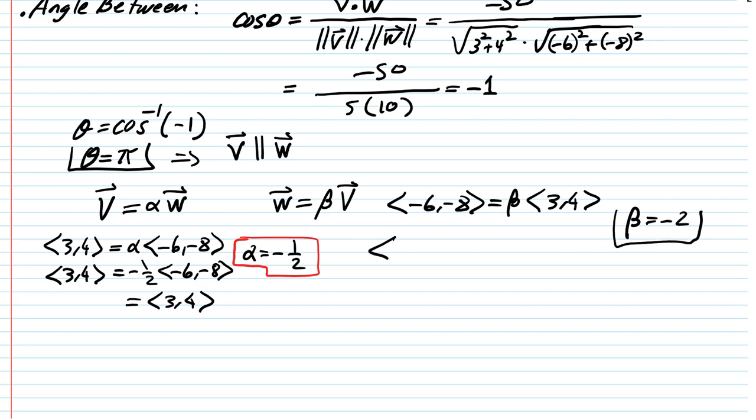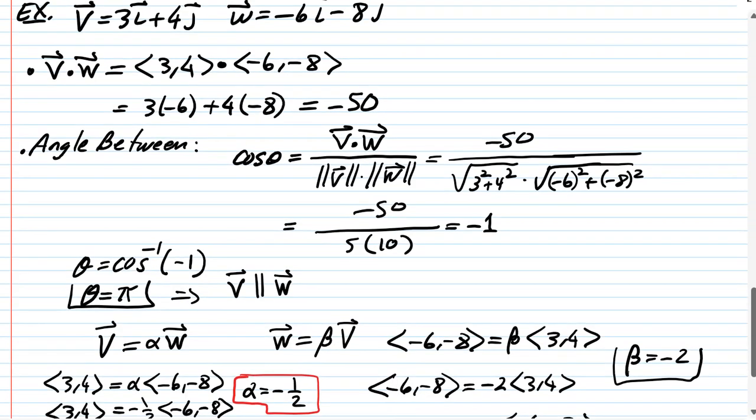You see that? So I can write negative 6, negative 8 as negative 2 times 3, 4. That's clearly the same, right? So notice the scalar changes depending on whether we write a constant multiple of w or a constant multiple of v. But however we do it, that's what we mean by these being parallel.